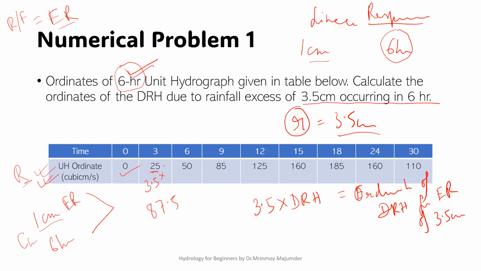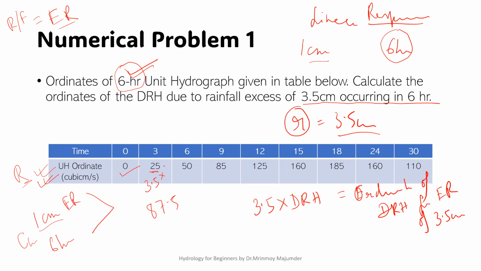So if the 1 centimeter excess rainfall has the same duration as the 3.5 centimeter excess rainfall, just multiply 3.5 with the ordinates of the unit hydrograph generated due to the 1 centimeter excess rainfall of 6 hour duration. That is all you have to do. It is as simple as that.